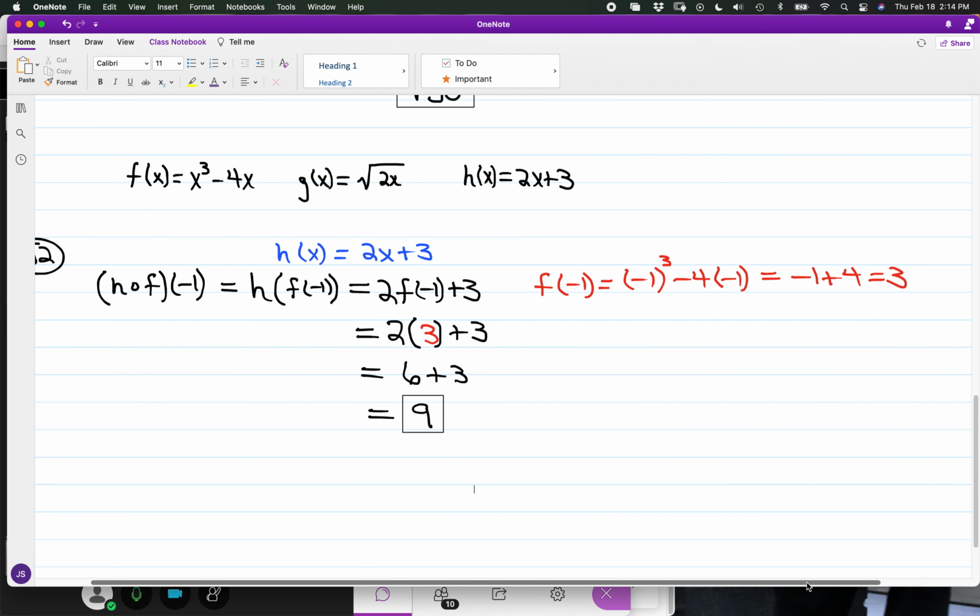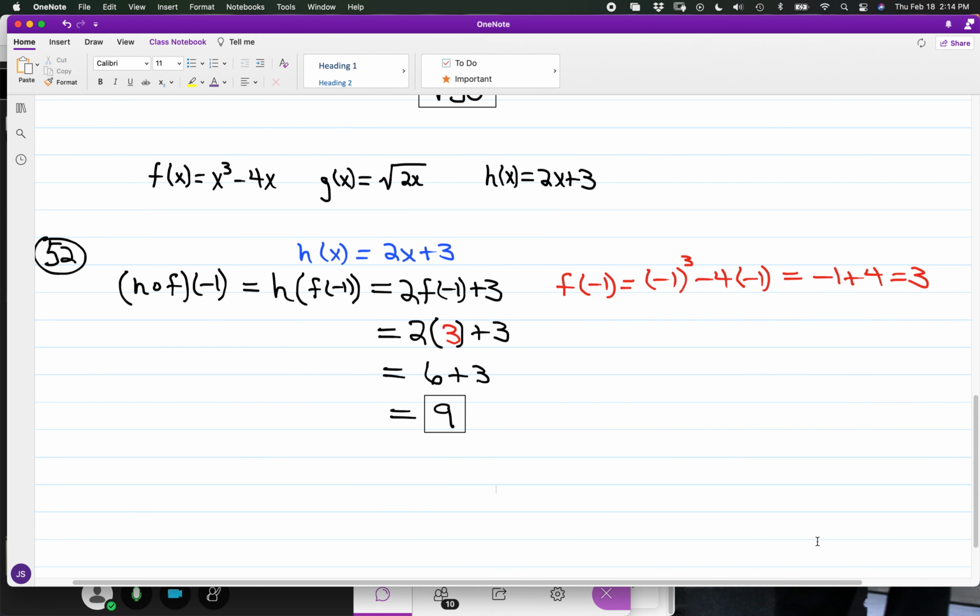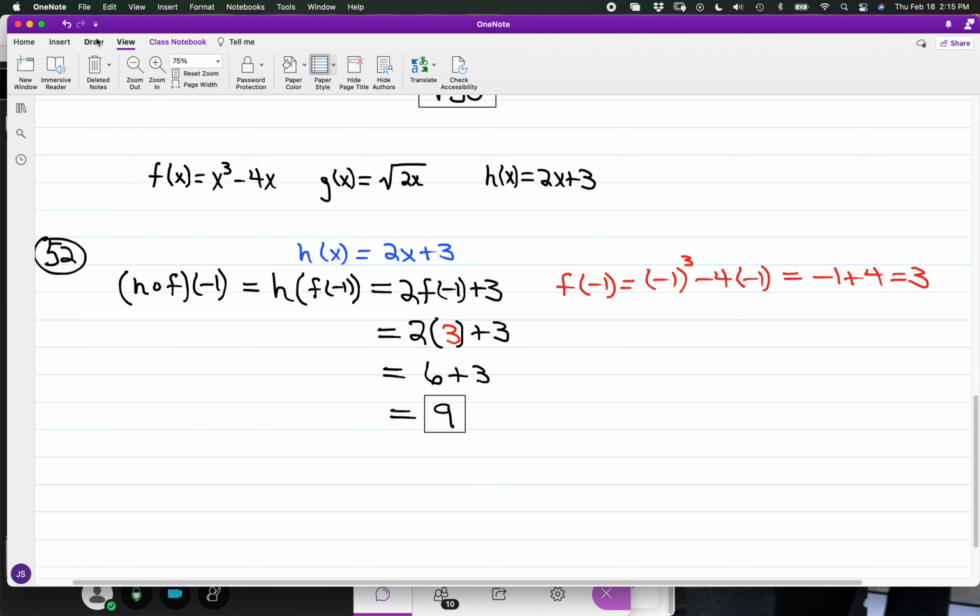Alright, now for the next set of items concerning compositions, from number 53, this time we have a composition between g and f, where we have g composed with f of x whenever x is set equal to 5.